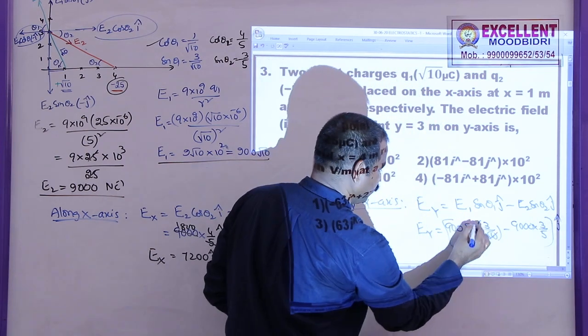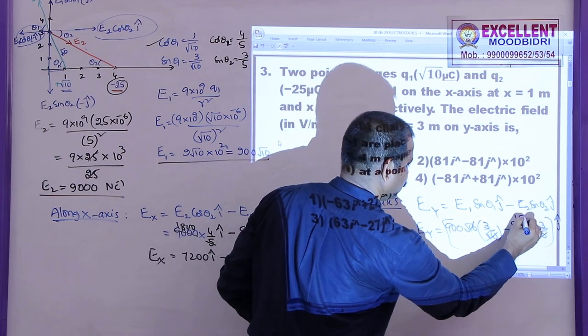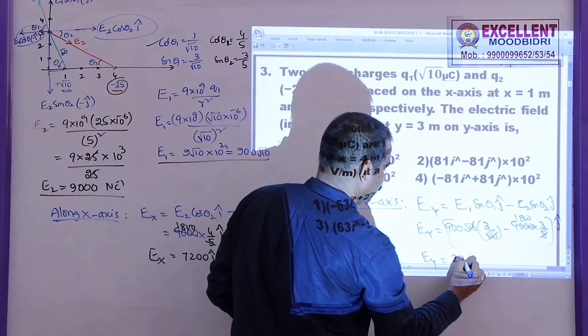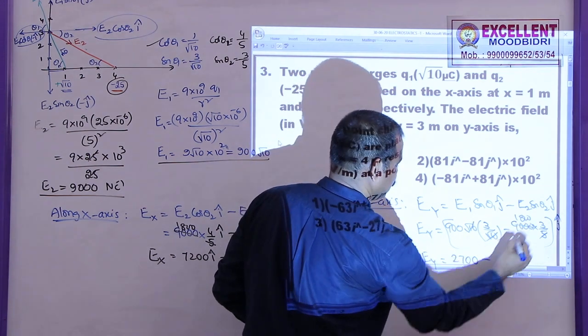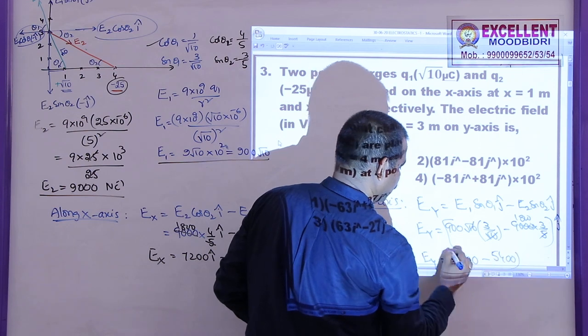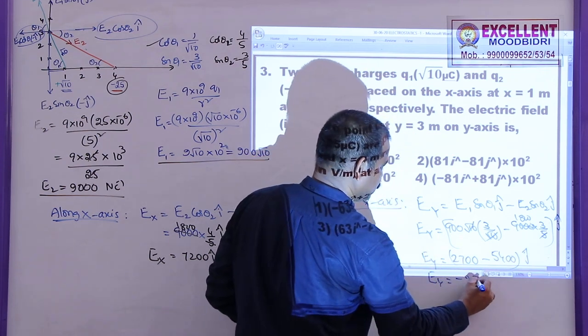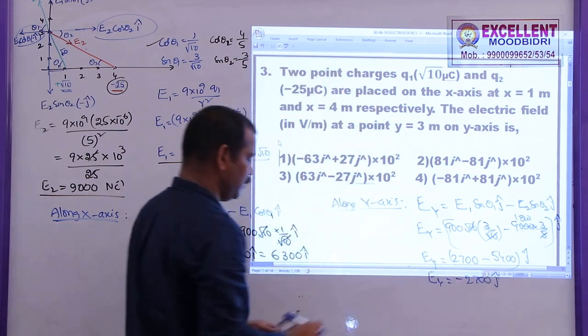Now you can cancel root 10 and root 10. 5 ones are 5, 5 eights are 40 and this is 1500. So Ey is 9 3s are 27, 2700 minus 5400 j cap. You can see Ey is equal to minus 2700 j cap.